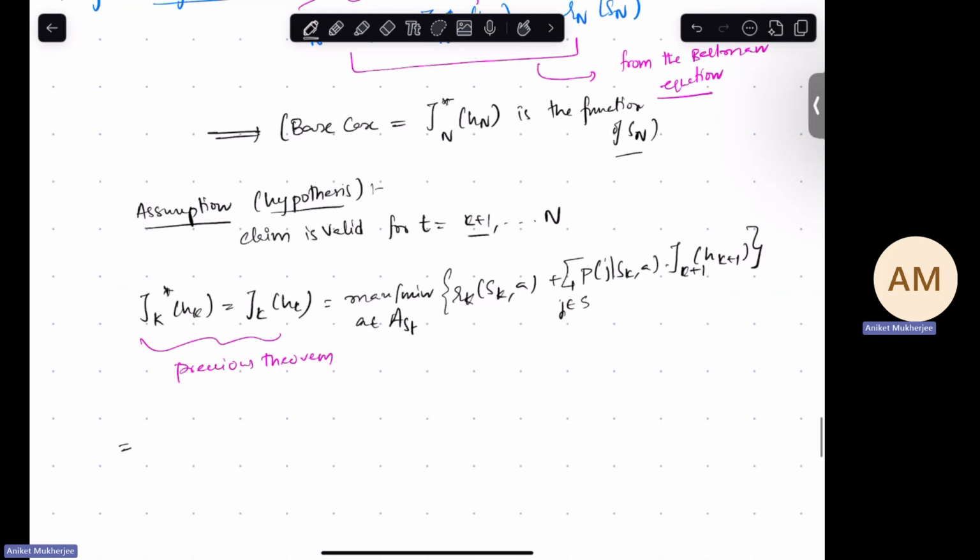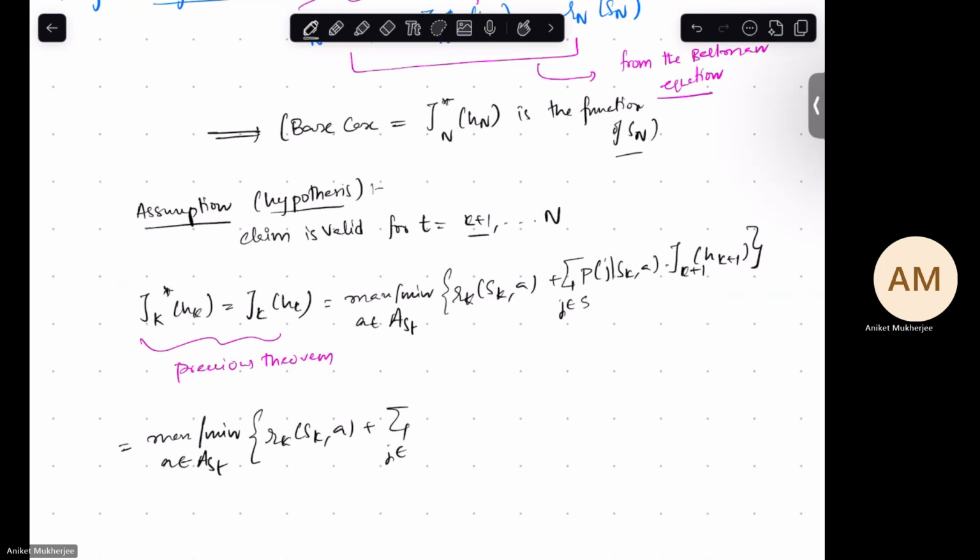Okay, but this h_{k+1} can be written as (h_k, a, j), right? So I write this as (h_k, a, j).